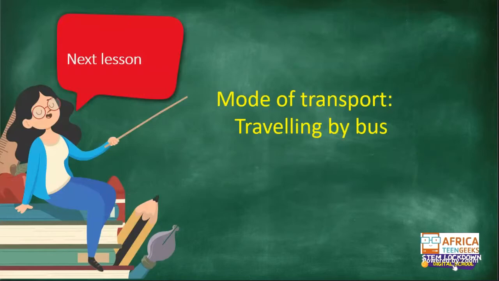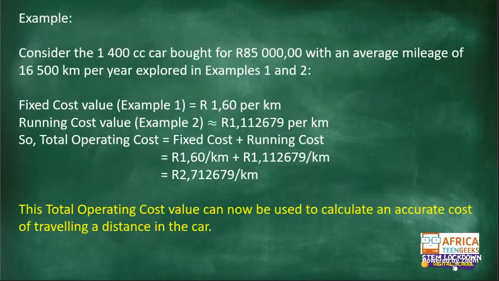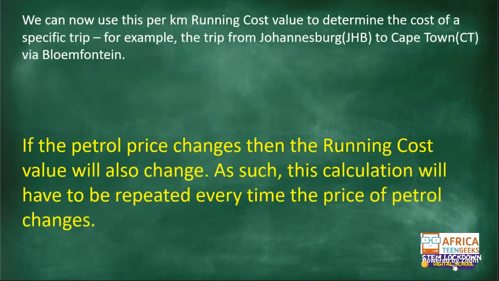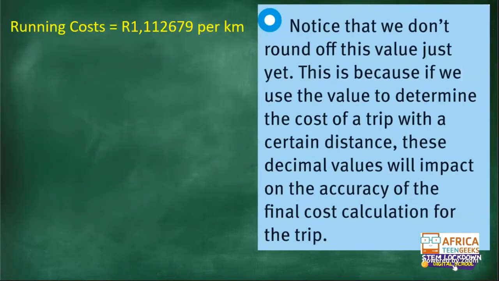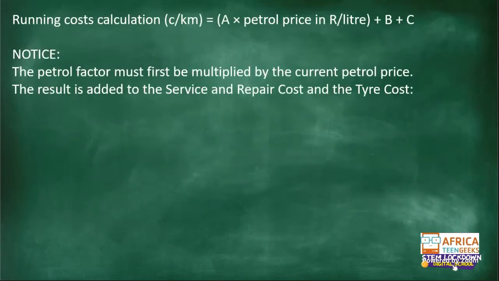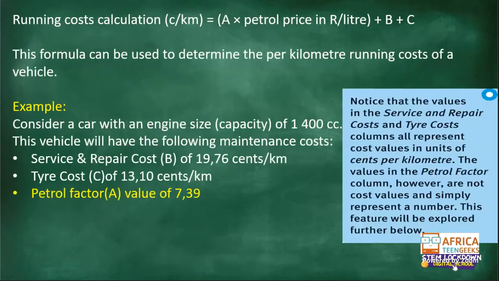And of course, in our next lesson, we will look at the mode of transport again, where you are just traveling by a bus, just to finalize different modes. And of course, as I've said in the beginning, there are cost implications when you have to use your own car. Remember that we have the fixed value there, and we also have the running costs.